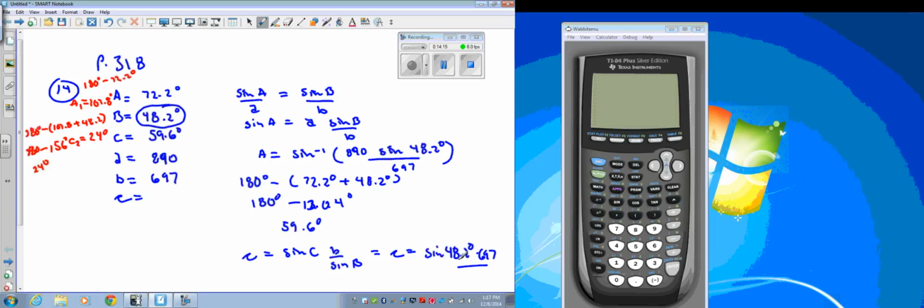Sine 59.6, that's sine C. And then sine of B, sine of 48.2.